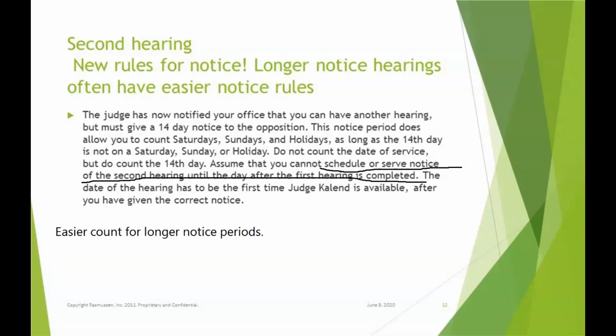We don't really know if we won or lost, but we're assuming that we may have to lose the first hearing. Then we'll get the official order, and then the day after that hearing, we will schedule a second hearing.